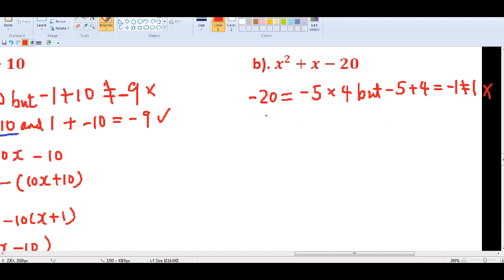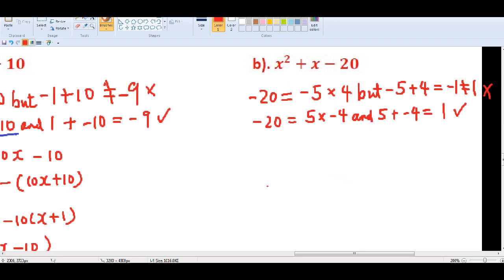How about the second one? We need to swap that minus sign, because you still need 1 positive, 1 negative. This time you've got 5 plus minus 4, which is plus 1, so it's correct.